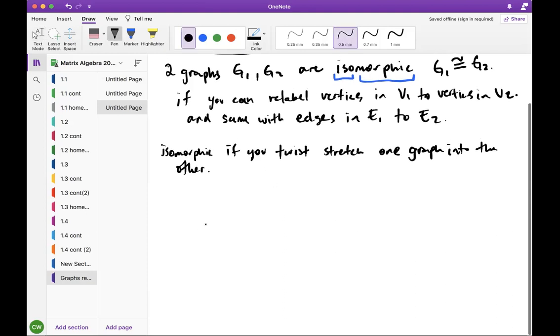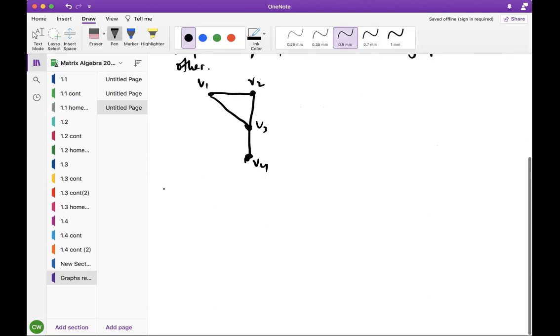So let's give an example. Here are a couple of isomorphic graphs. Here's a graph with V1, V2, V3, V4. The vertex set is V1, V2, V3, V4, and the edge set: V1 is connected to V2, so that's in the edge set.